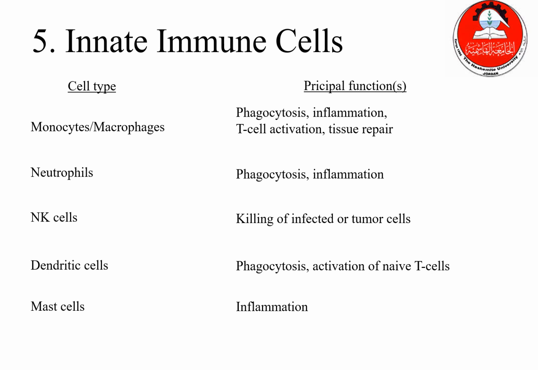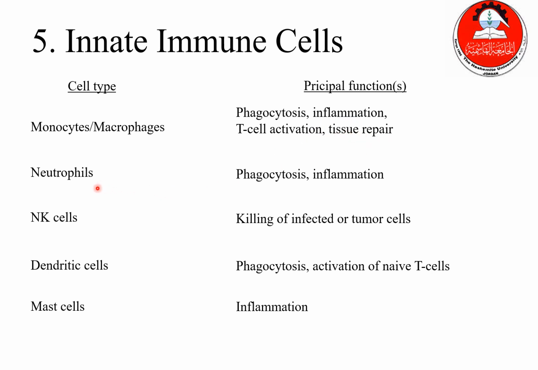After that, they bind to ICAMs, we said ICAM-2 is expressed at low levels on the endothelium of the vessels, and therefore after their 8-hour circulation they can go to the tissues to become macrophages. So they play a role in phagocytosis, inflammation, T-cell activation, and tissue repair.